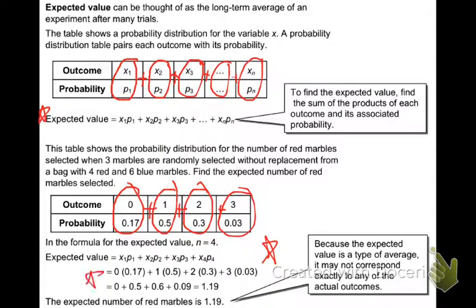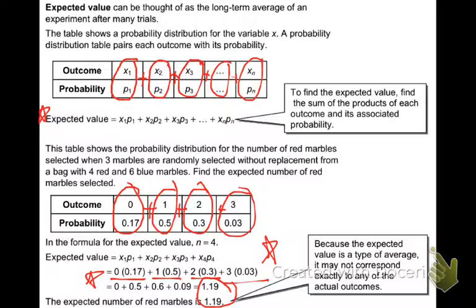That's what this shows right down here: 0 times 0.17, 1 times 0.5, 2 times 0.3, and 3 times 0.03. You multiply each one and then add them. What this says is you are expected to get about 1.19 on average. So you're going to get at least 1, probably more than 1, about 1 or 2. Basically that's what expected value is saying.